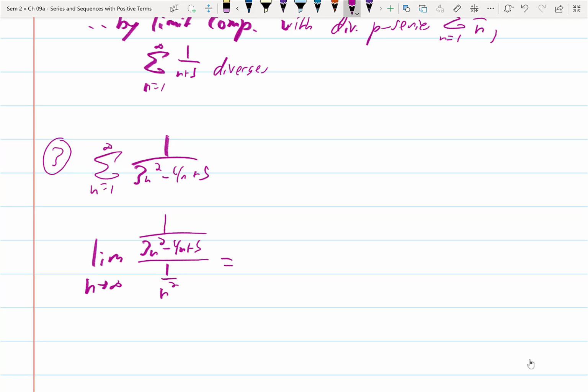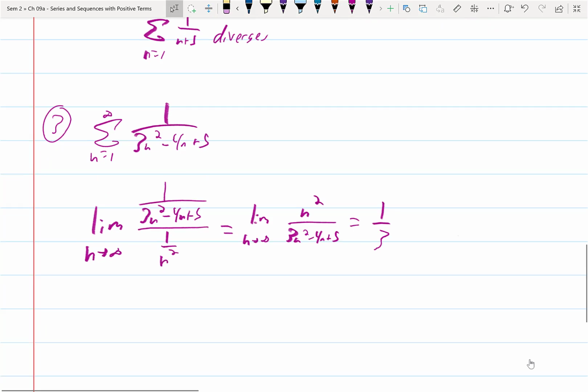One-third. If you're not sure, or if you feel like you're going to mess it up, take the extra step to just rewrite it as n squared over 3n squared minus 4n plus 5. We spent a lot of time in multiple classes talking about ratio of leading coefficients. This is 1/3.